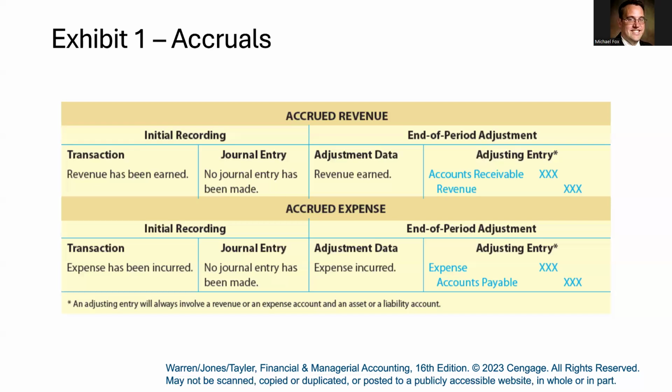So the adjustment is accounts receivable, money owed to me, and revenue, money I've earned. And then in the future, when people pay me, I'll record cash going up, my debit to cash, and accounts receivable going down. Once people have fully paid me off for all the money they owed me, my accounts receivable will have dropped to zero, right?